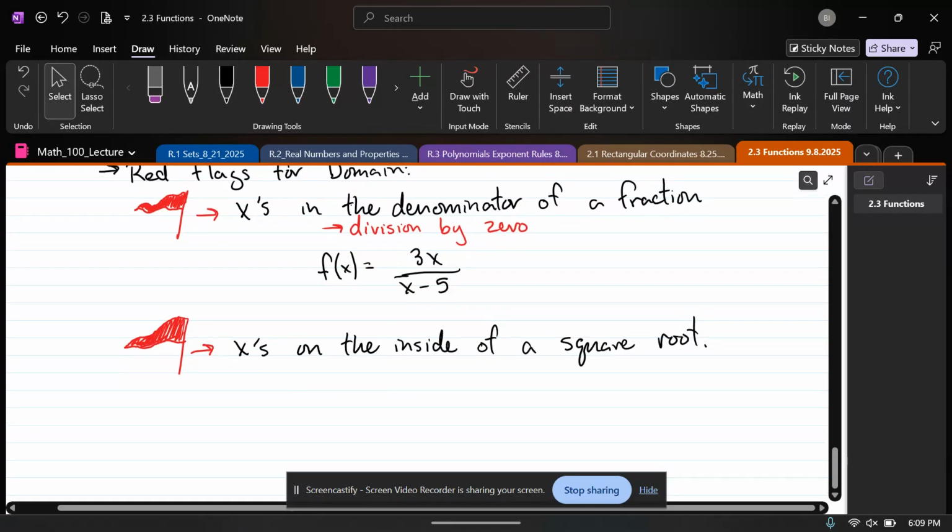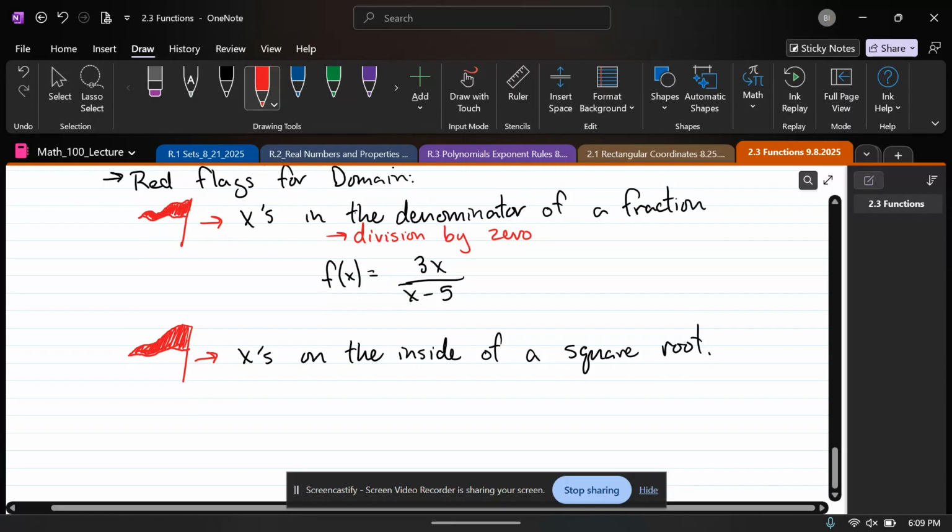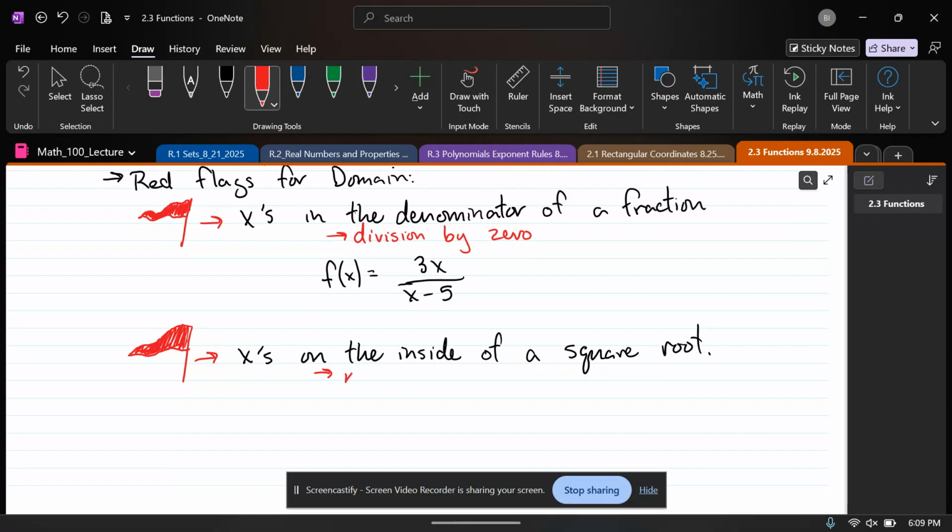The reason that is a red flag is because negative numbers create complex numbers in a square root.